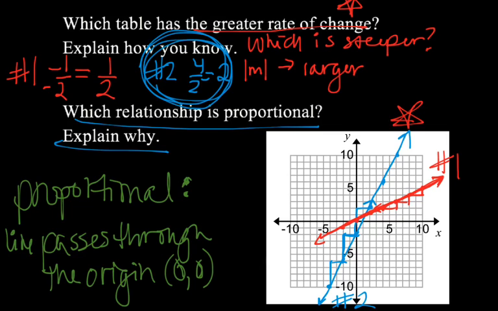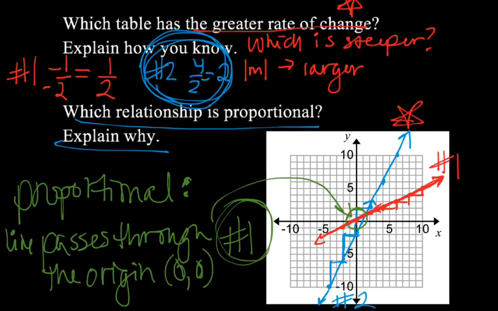So a couple ways you could do this. I can see visually which number passes through the origin. Number 1. Okay. Another thing you could do is the origin is 0, 0. So if you're given a table and you notice that the table has 0, 0 as an ordered pair, then you know that's good to go.